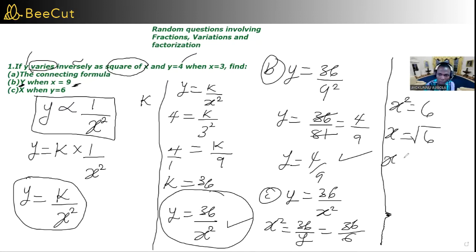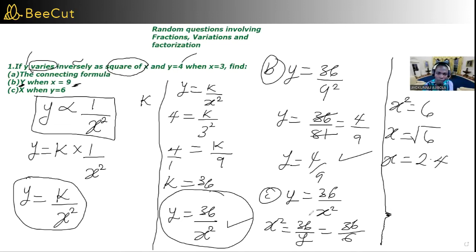This is not a perfect square, but if you press your calculator, it gives you the square root of 6 as 2.449. So x is approximately 2.4.